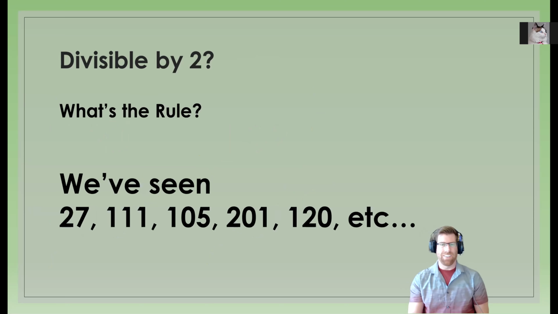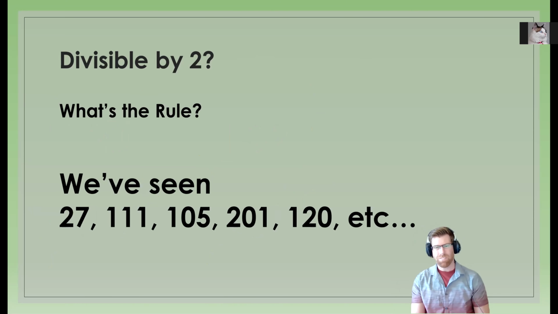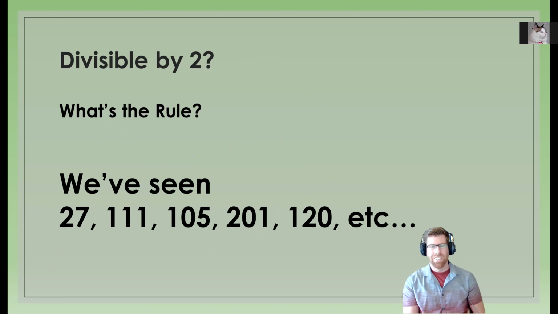So what's the rule here? Here are some of the ones that we've seen that are divisible by 3. We want to think about how these digits result in this rule.